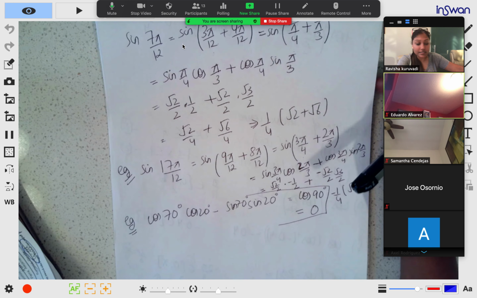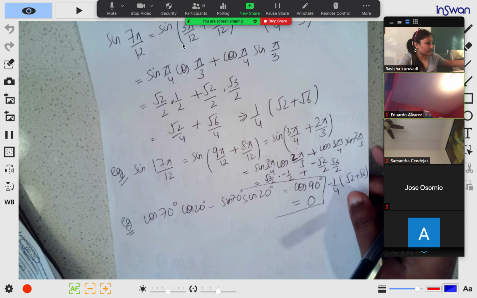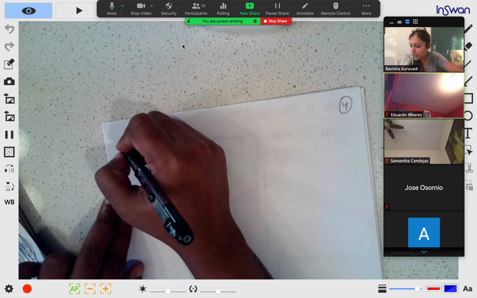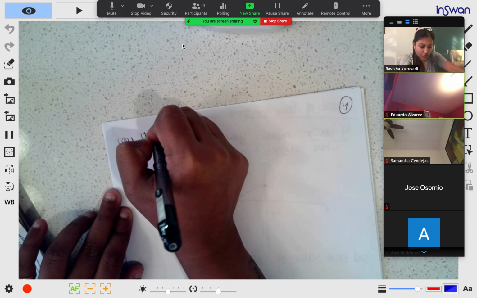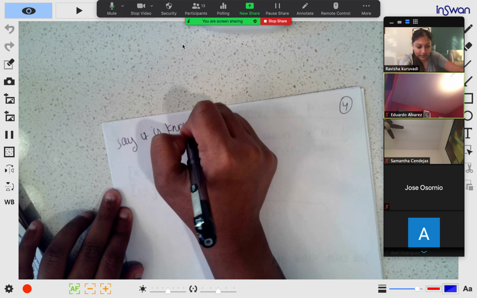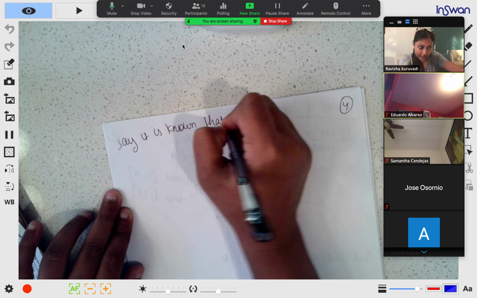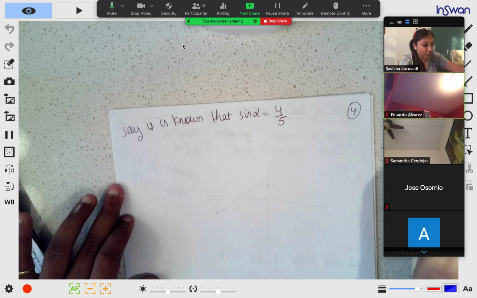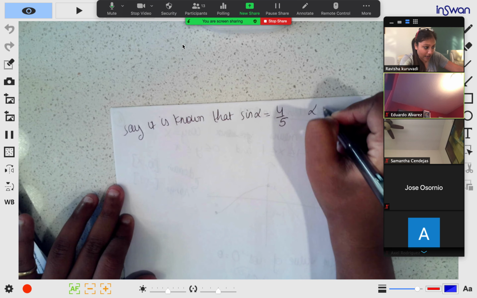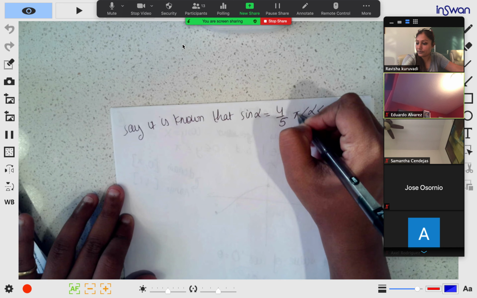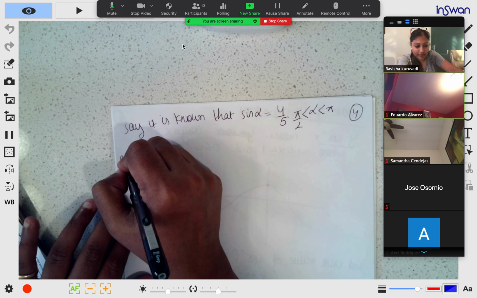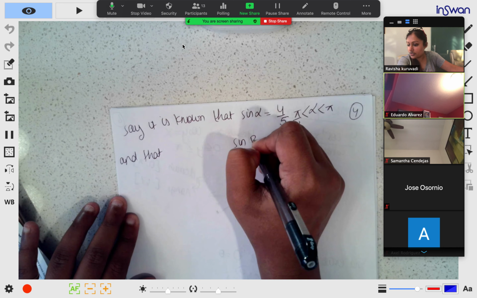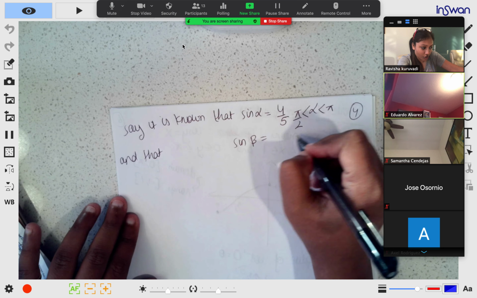Okay, next thing here, let's do one more problem. The question says, it is known that you're given sine alpha is equal to 4 over 5, and a condition is given that alpha is between pi by 2 and pi, and that you're given sine beta is equal to negative 2 over root 5.